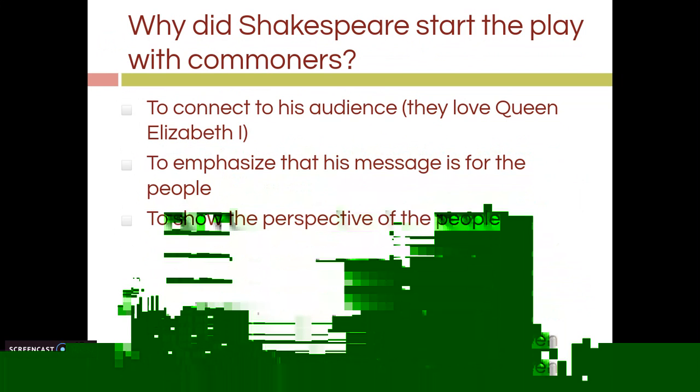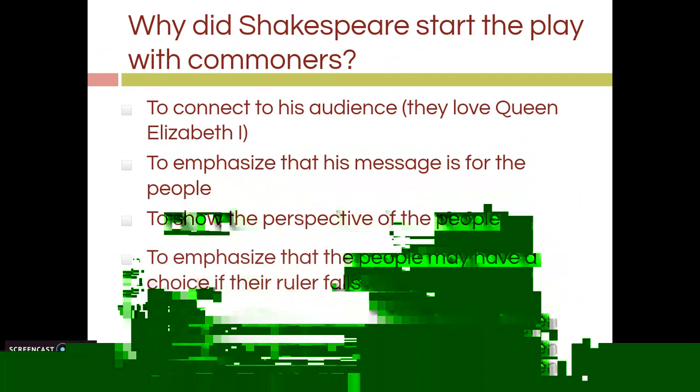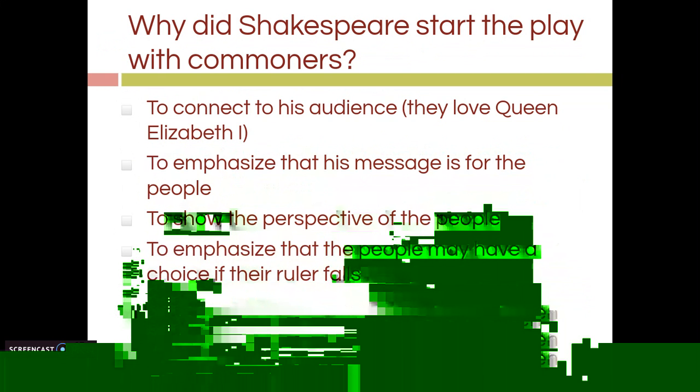Starting scene 1 with the carpenter and the cobbler and having this little fight with the soldiers, people could say, oh, I feel like I'm like that person, or I'm like that person, okay? And it gives them their perspective, and it emphasizes that the play is for the people, that there's a warning to be had for the English people, that Shakespeare doesn't want what happened to Rome to happen to England. And so it emphasizes that the people may have a choice if their ruler falls.